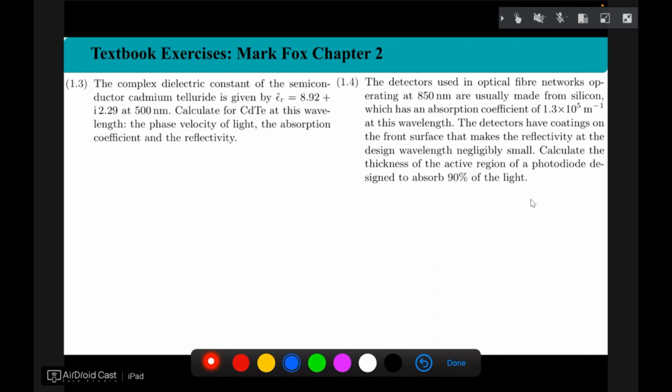Okay, so now let's start the textbook exercise, which is taken from Mark Fox chapter 2.